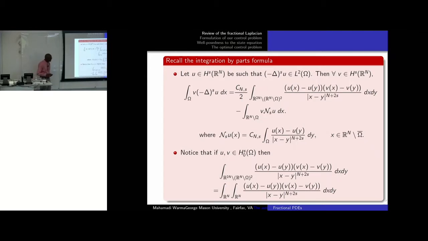Then we have minus the integral on the complement of v times the nonlocal normal derivative. That is the integration by parts formula for the fractional Laplace operator that we will also use. But if u and v are in Hs0 of omega, then u is 0 outside omega and v is 0 outside omega, and this double integral is the same as integrating on all Rn.